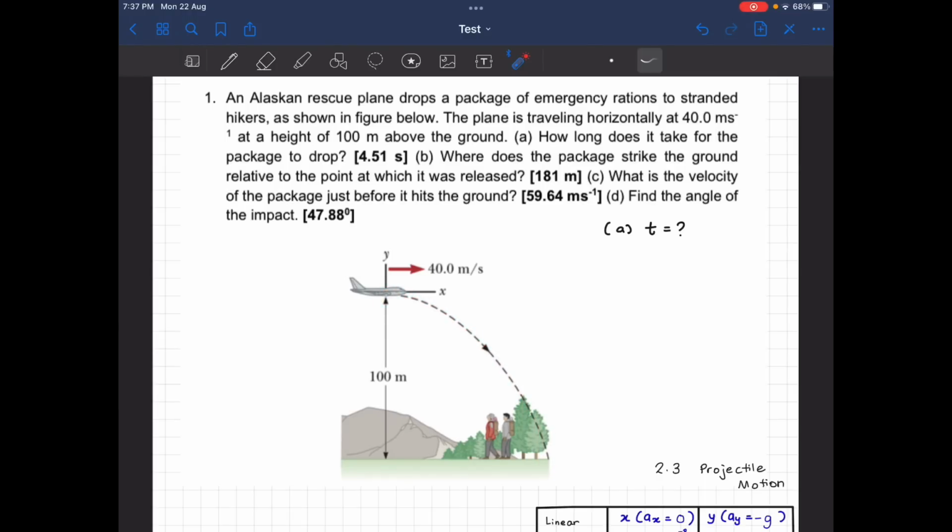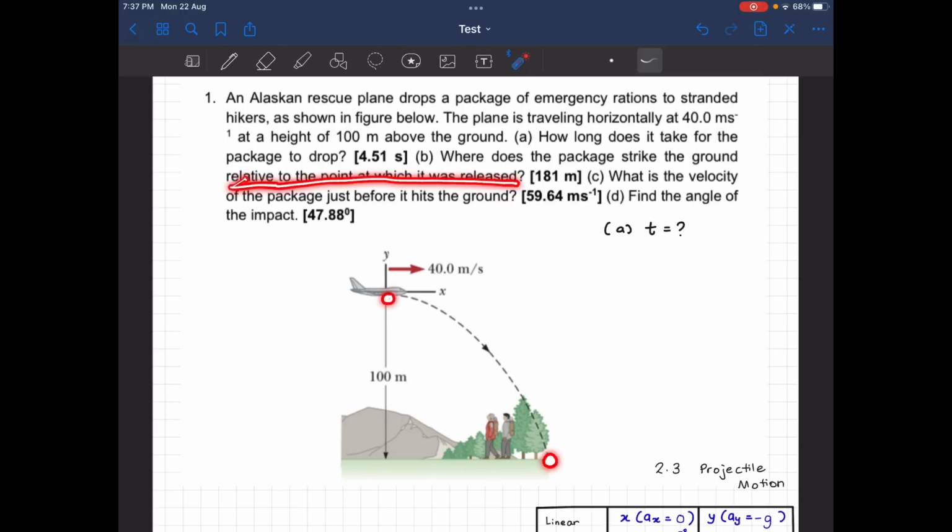And then for B, dia nak where does the package strike the ground relative to the point at which it was released. Where does ni selalunya distance, displacement. Di mana package tu strike the ground. So the package will drop here. Relative to maksudnya adalah from the point at which it was released.